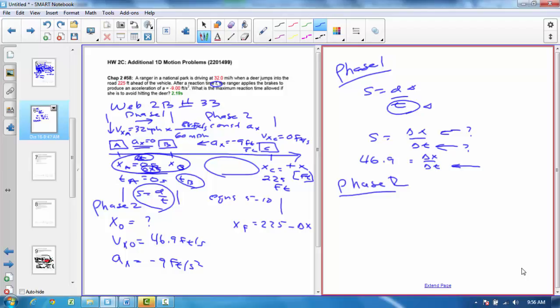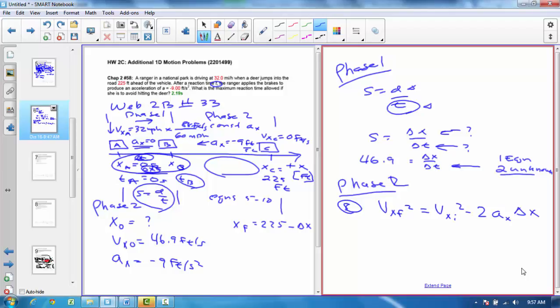Let's actually set up some equations for phase 2. Problem is, we've got one equation with two unknowns. So as soon as I see that, we're going to end up with a system of equations we've got to solve. So we have Vx final squared equals Vx initial squared plus 2 times acceleration times delta x.